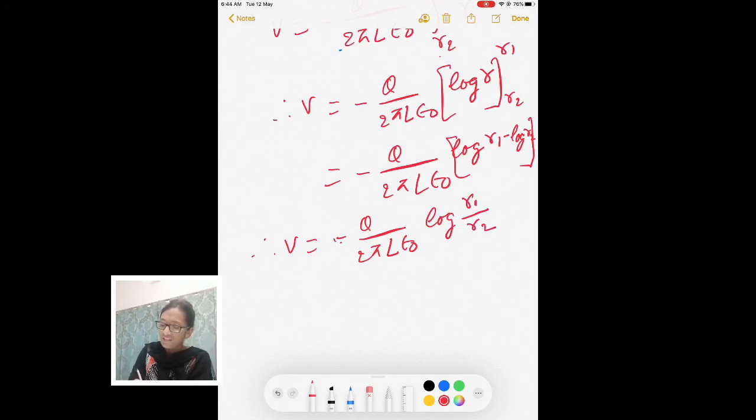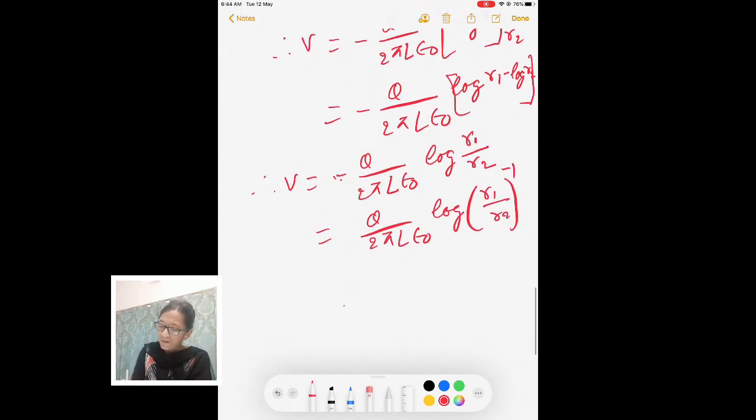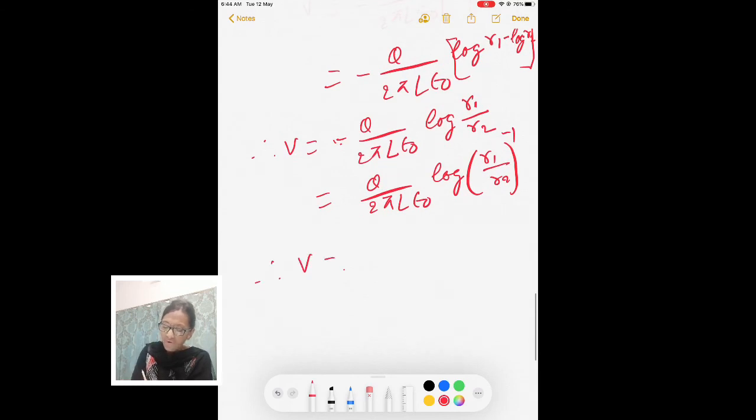If you take this minus sign as the power of this log, you get Q upon 2 pi L epsilon naught log of R1 upon R2 power minus 1, and therefore V becomes equal to Q upon 2 pi L epsilon naught log R2 upon R1.